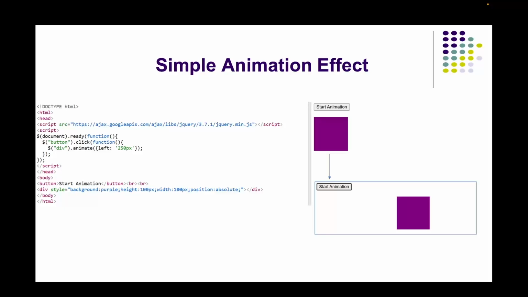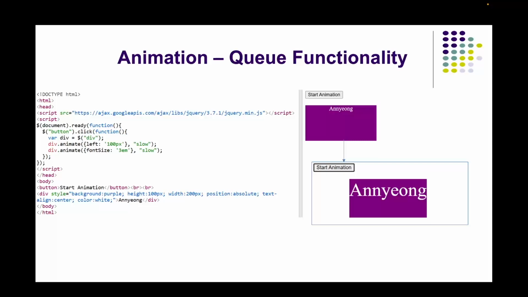If the built-in effects aren't enough, we can use the animate effect. Here we are moving a div 250 pixels to the right, and jQuery calculates all the frames in between to make it smooth. So you can animate almost any CSS property that has a number on it.